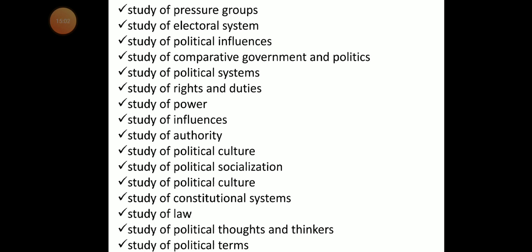So different political systems are studied and form part of the scope of political science, so that we can understand who actually wields the power, what is the nature of the power, and finally whether it is controlled by the people there, right. So we reach the conclusion only through the study of political systems.